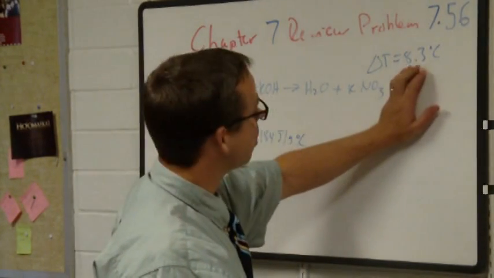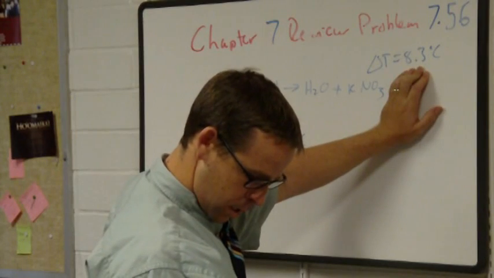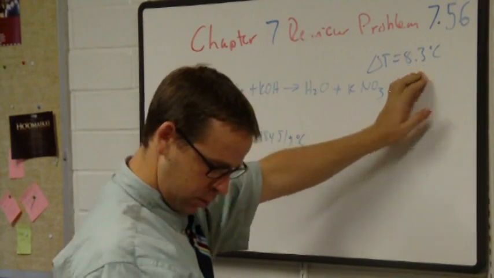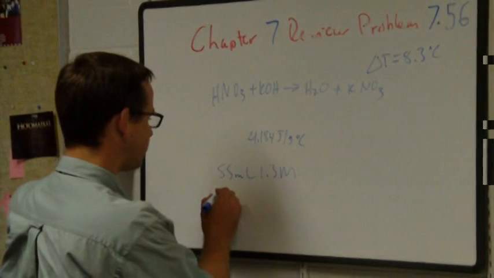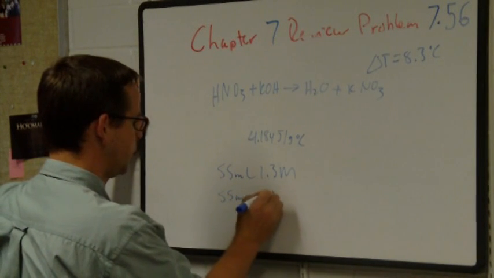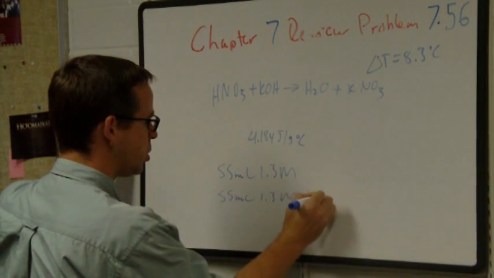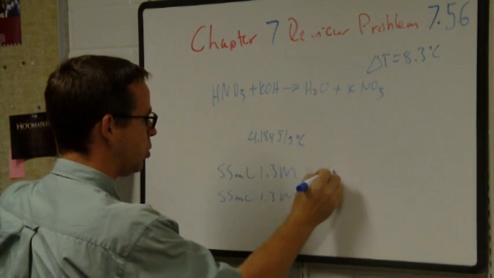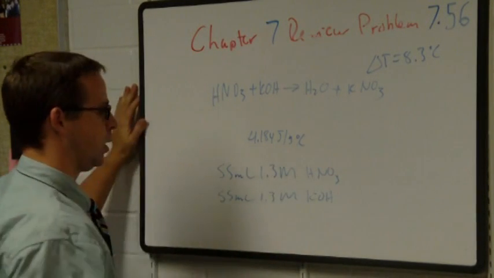So we have the change in temperature already, 8.3. And added 55 milliliters of 1.3 molar KOH. So this was the HNO3, and this was the KOH.